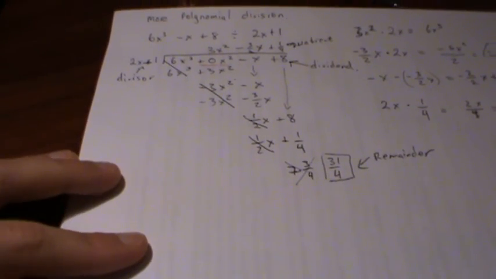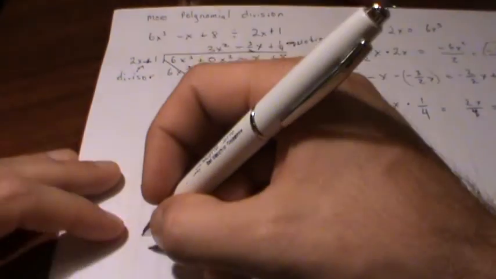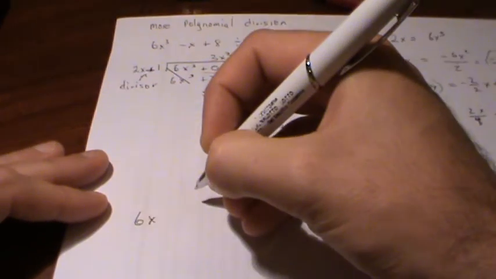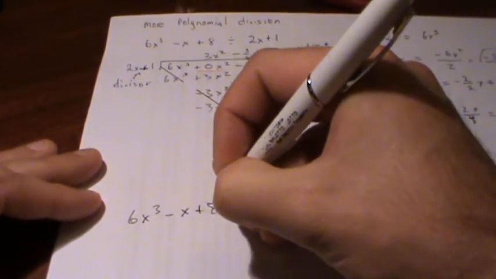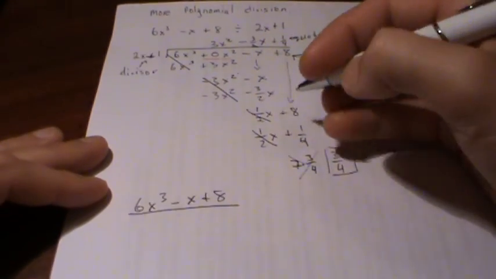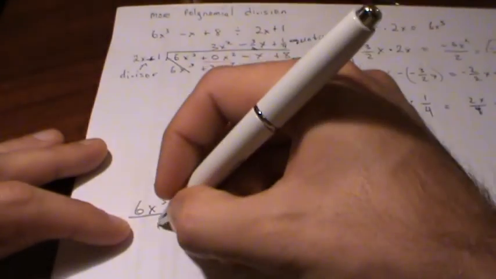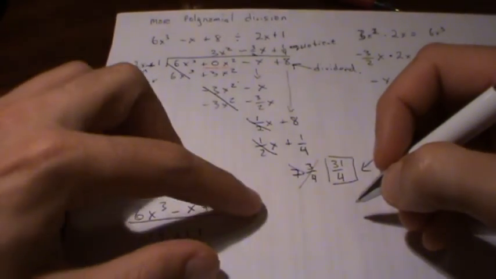So the result can be presented like this: 6x to the third minus x plus 8 divided by, or the dividend divided by the divisor, 2x plus 1, is equal to the quotient.